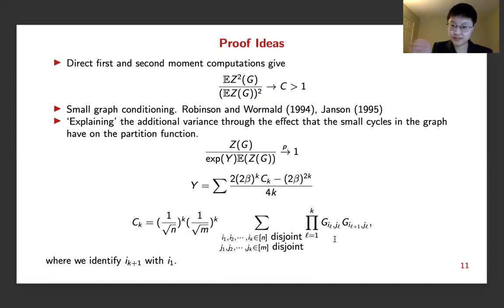We sum over all such products, take a weighted sum of those, and we're able to show that indeed the number of solutions normalized by its expectation roughly equals exponential of Y, where Y is this weighted generalized cycle count. And by characterizing the distribution of Y, and by showing this convergence, we're able to get the log-normal limit result that we have.